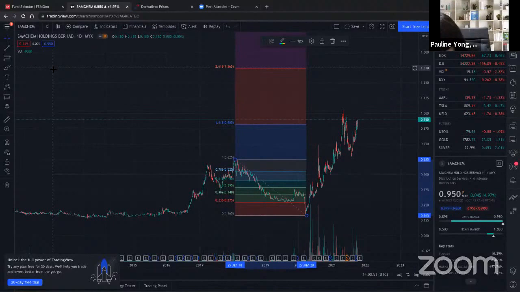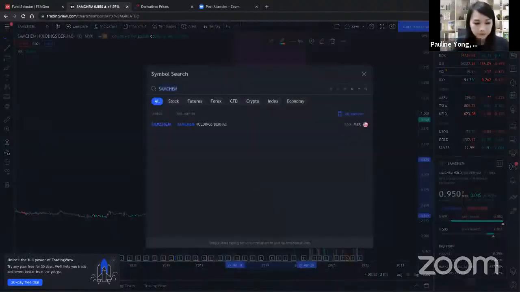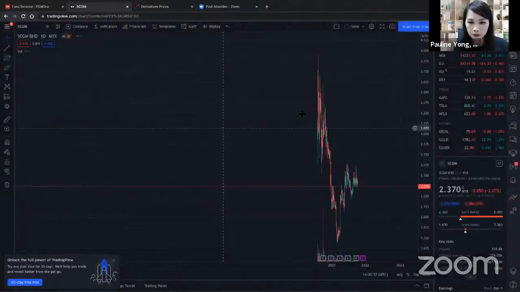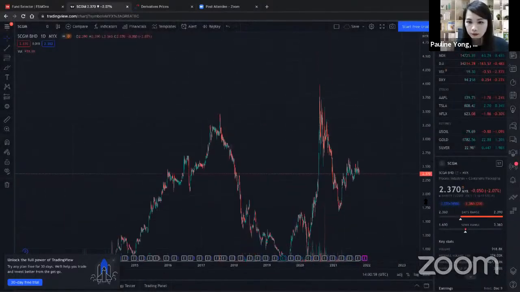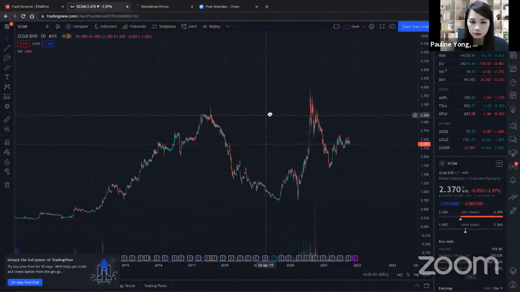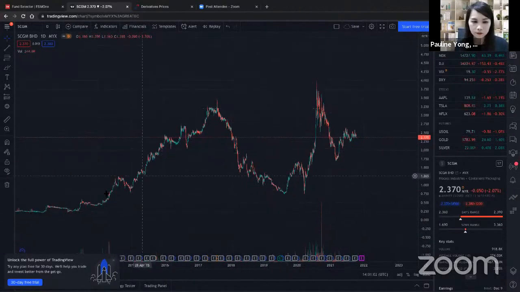Okay, SCGM. Okay, SCGM, you are looking at this, whereby and then this one is down one. Then you are looking at the uptrend here.